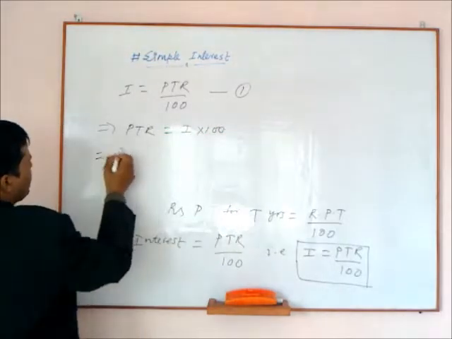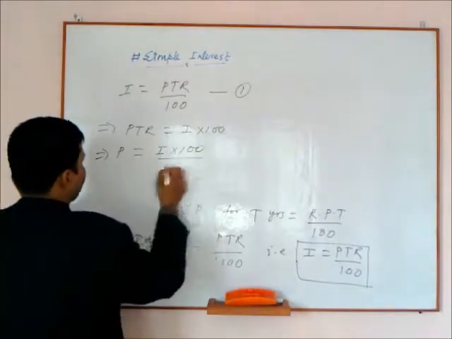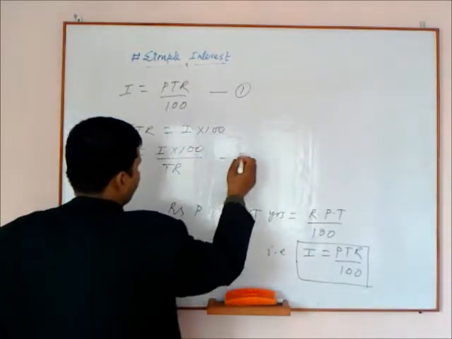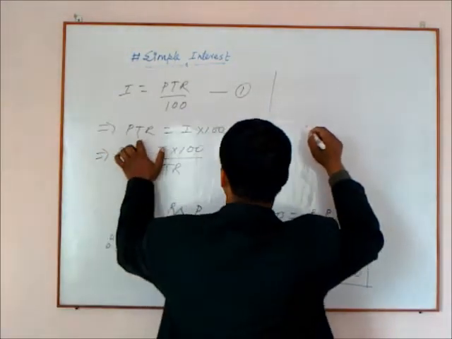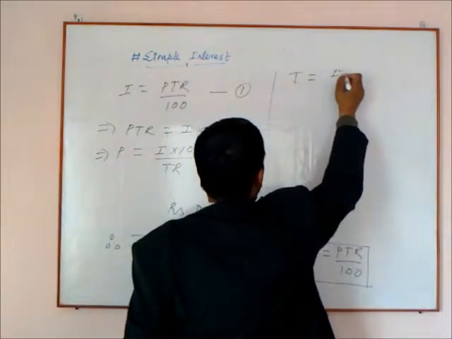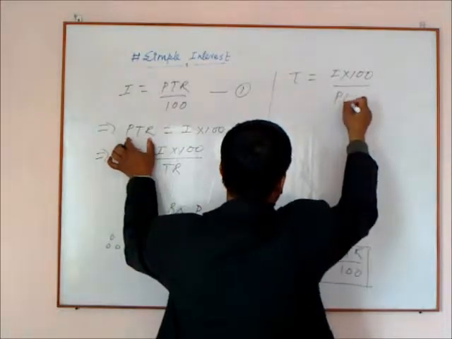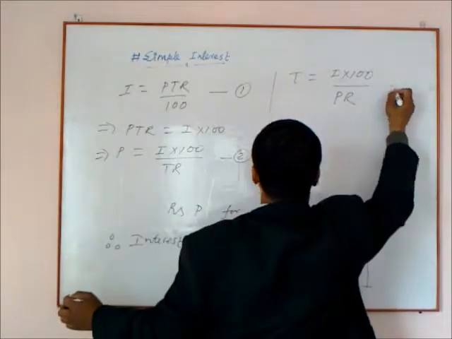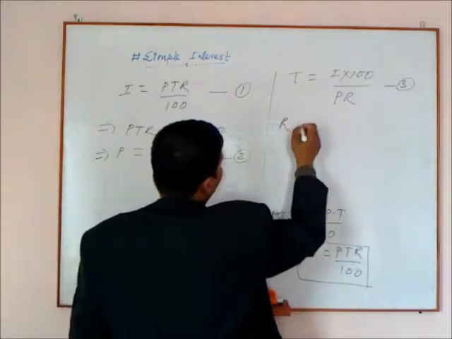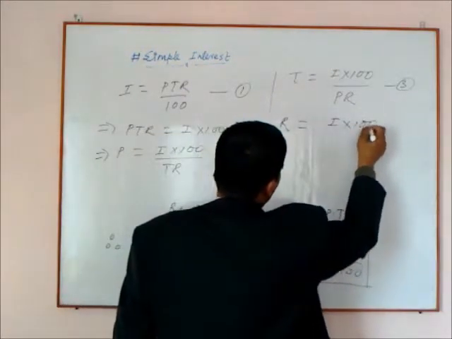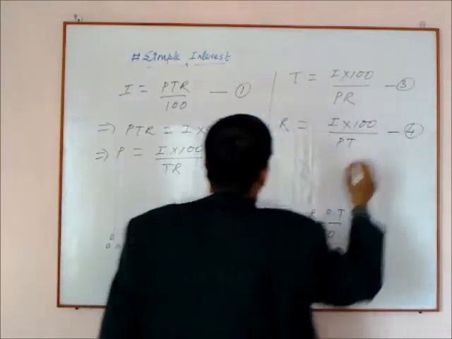This means if we need to find P, P equals I times 100 divided by TR. This is formula number 2. Next, if we need to find T, T equals I times 100 divided by PR. This is formula 3. If we need to find rate R, R equals I times 100 divided by PT. This is formula number 4.